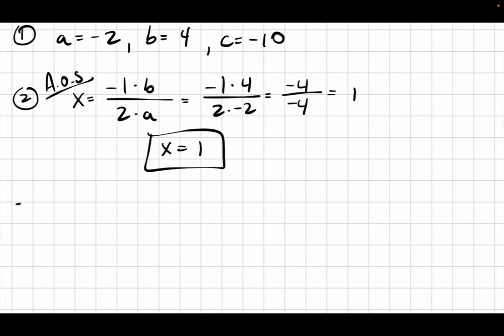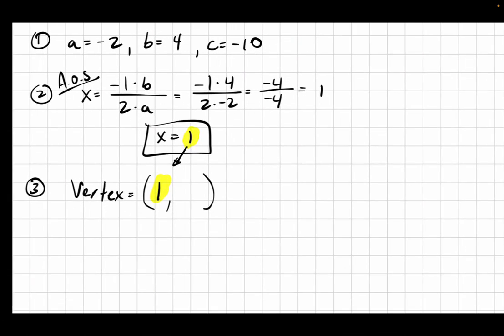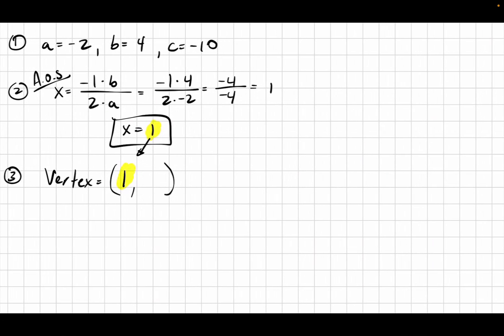Next one, vertex. I already know half of the vertex because that guy goes right here. So I'm going to rewrite the equation. It was -2 parentheses squared plus 4 parentheses minus 10. That's where x was. So now I'm going to plug in +1, +1.